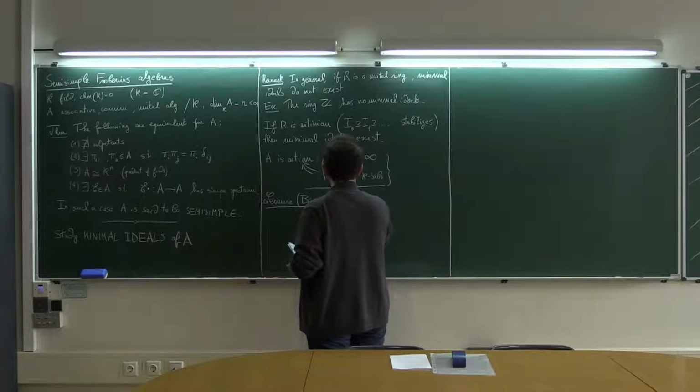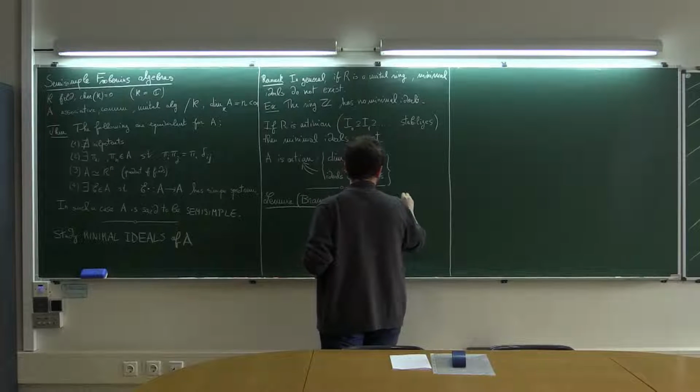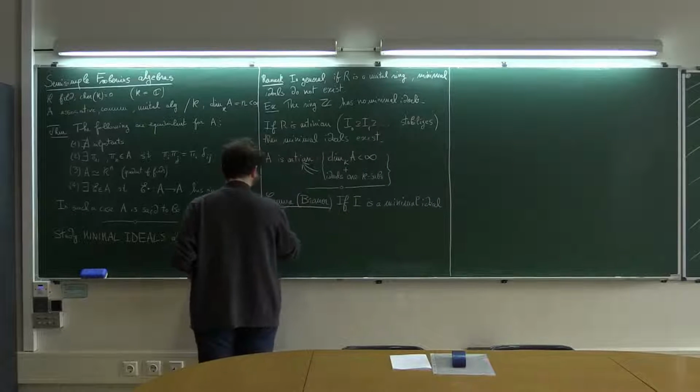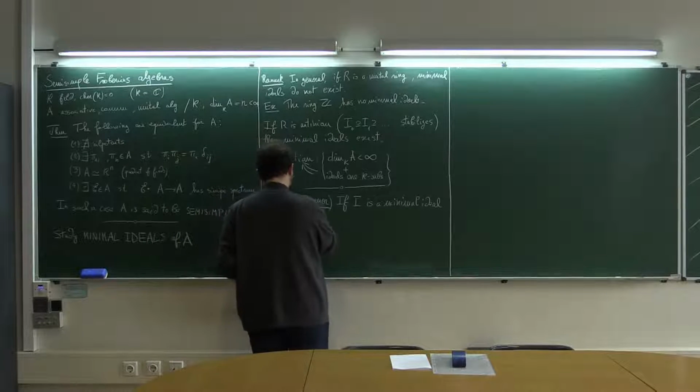Brauer's lemma claims the following. If I is a minimal ideal of A, then we have two possibilities.